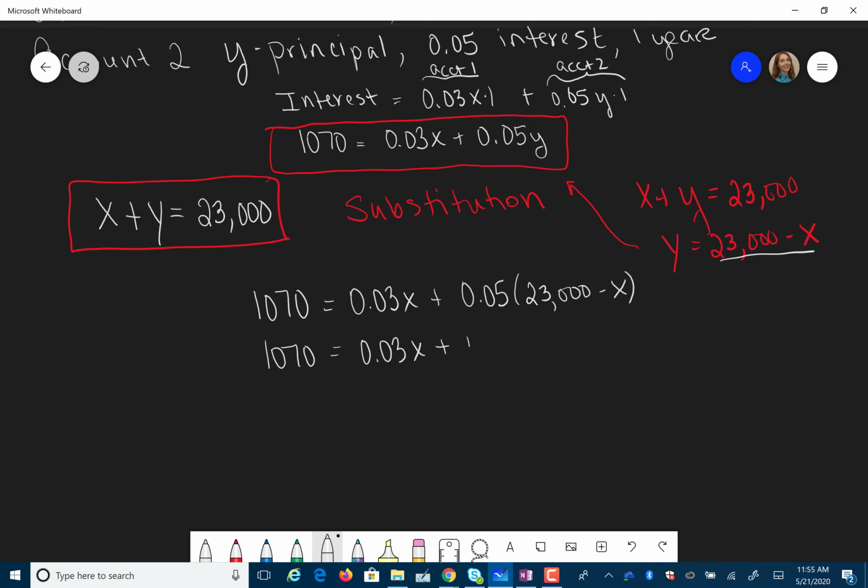This is going to be 1,150 minus 0.05x. And we'll combine like terms. Okay, and move this to the other side by doing subtraction.